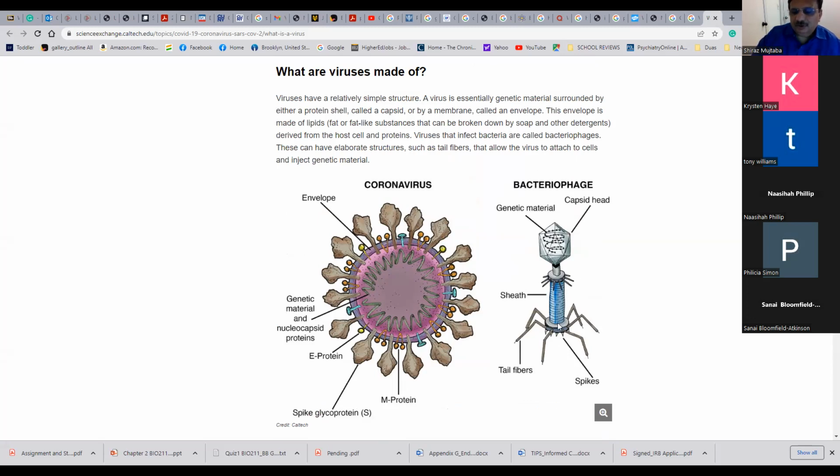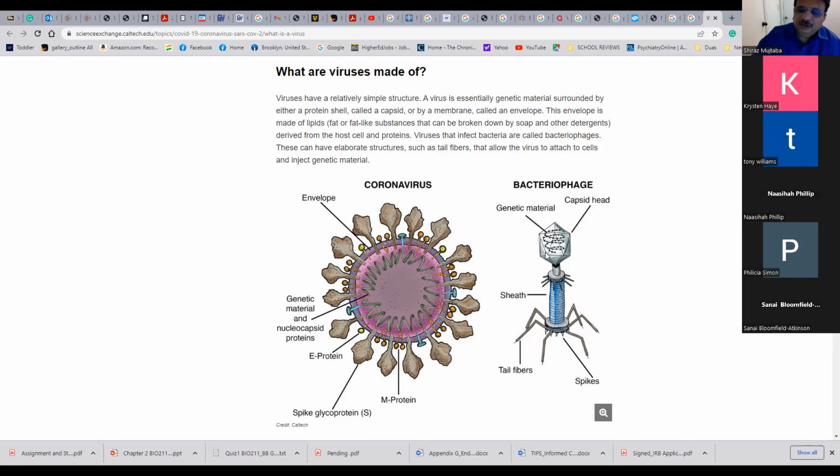Now, if you look at the structure of this bacteriophage, you will find a head, and there is a stem, and there's a tail. So within the head, there is a genetic material.